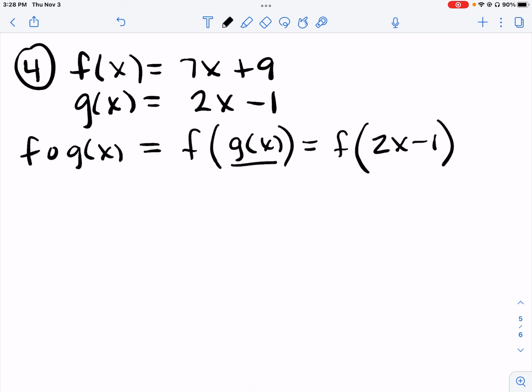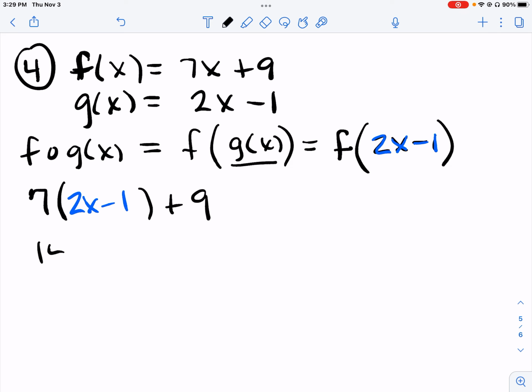So I'm going to replace g of x with 2x minus 1. This f means use the equation for f, which is 7x plus 9. But I'm going to replace x, this is what goes in for x. What's in the parentheses is what gets plugged in for x.